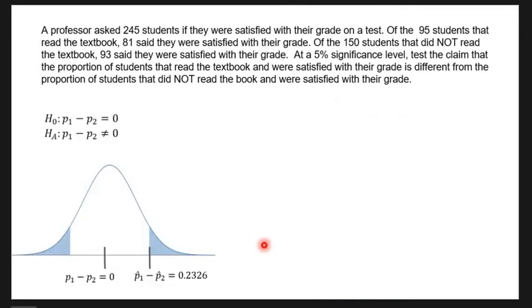So we have the null distribution. We're looking to see if P1 minus P2 is equal to 0, meaning there is no difference between the two proportions, and P1 minus P2 not equal to 0 is the alternative hypothesis, meaning that there is some difference.